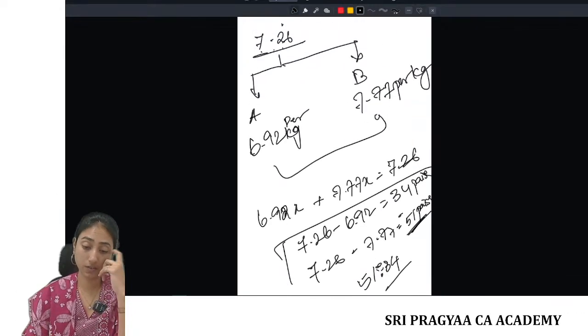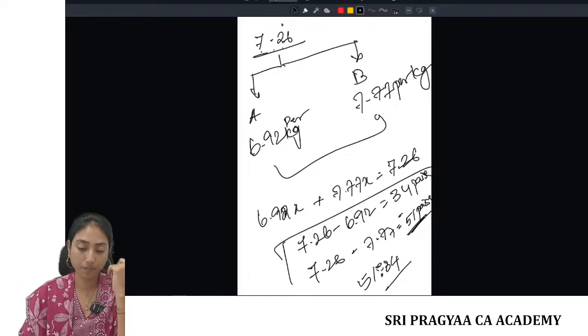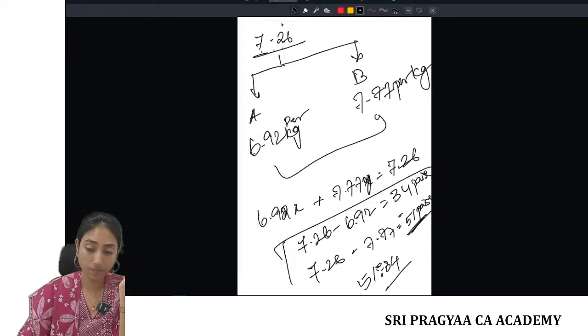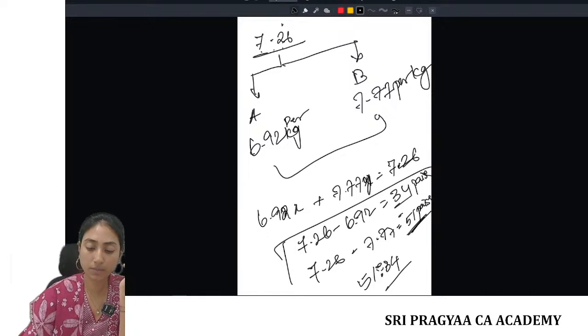இல்ல ஒரு நிமிஷம். Even otherwise, see, even if I take this as y like you told me, so here my profit is 35 paise per kg.